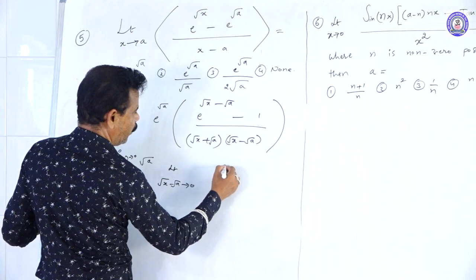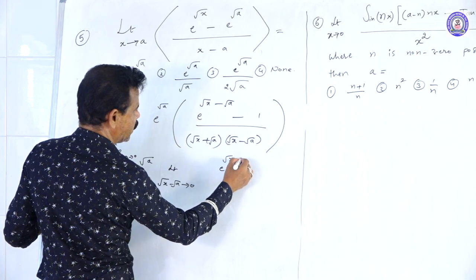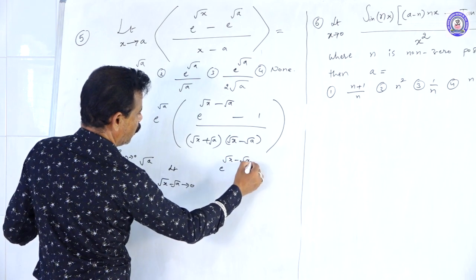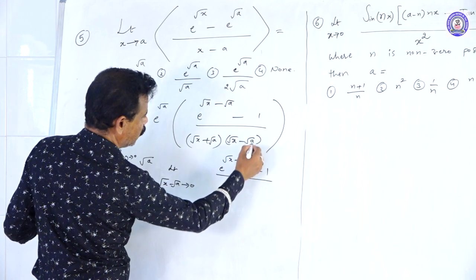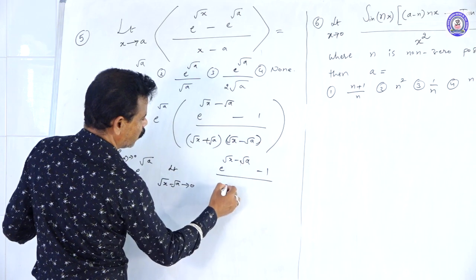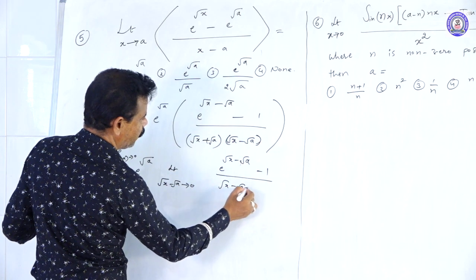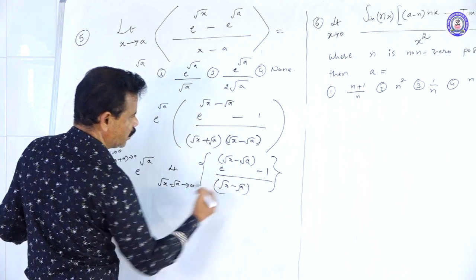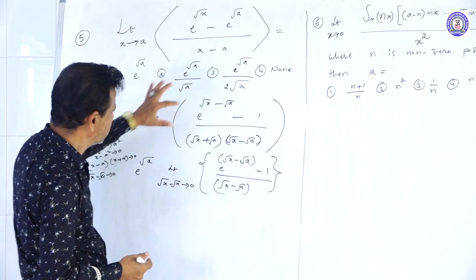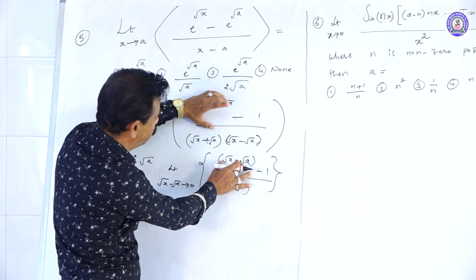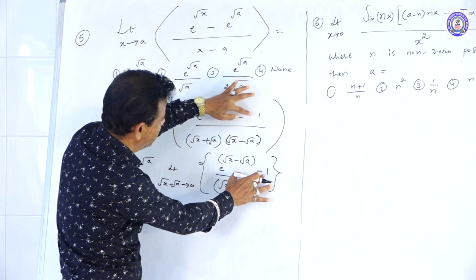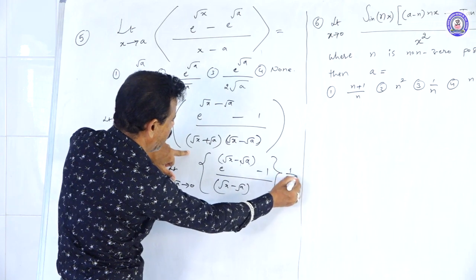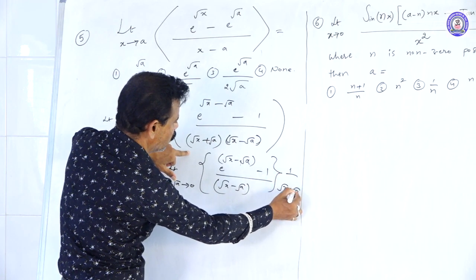So here e power root x minus root a minus 1 by, we take this term only, root x minus root a, that's all. This is one term. The remaining term, root x plus root a, is in the denominator.